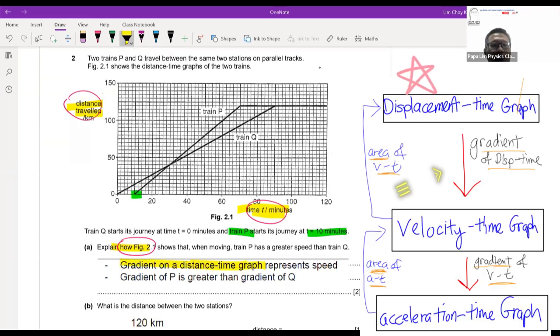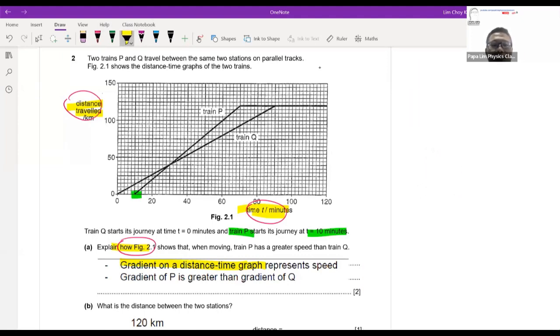The gradient of the distance time graph represents the speed. So here, we must pay attention to the steepness of the gradient or the line itself. P has a greater gradient, or what we call a steeper gradient, which means that the speed of P will be higher than the speed of Q. That's how we use figure 2.1 to derive information about the speed.